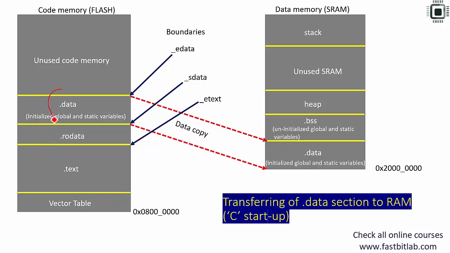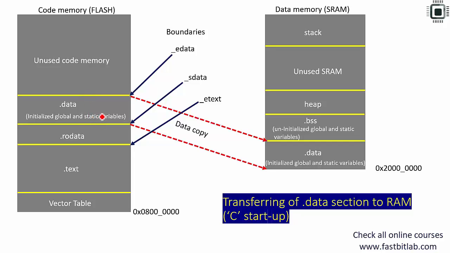The data section which is stored in the flash needs to be relocated by the startup code. But to relocate this section, you need a couple of pieces of information. At least you should know the boundary where RO data ends, where this section ends. And after that, you should also know the size.